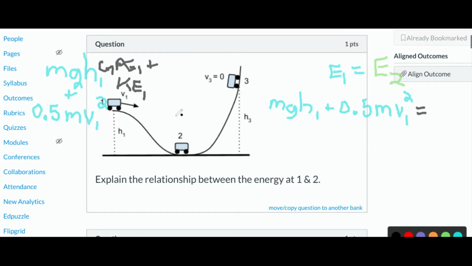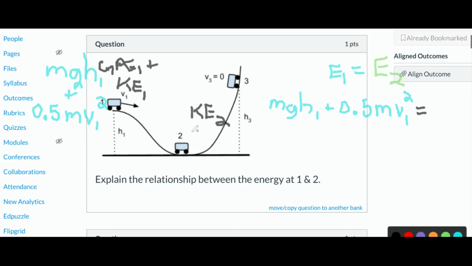All of that energy from the top of the hill is now in cart 2, and it is 100% KE. The equation for KE again is 0.5 m v squared.